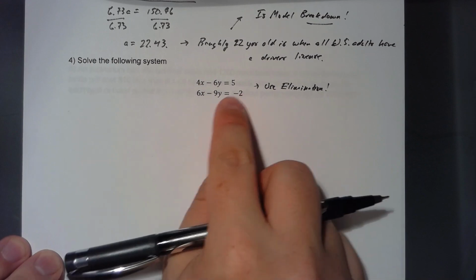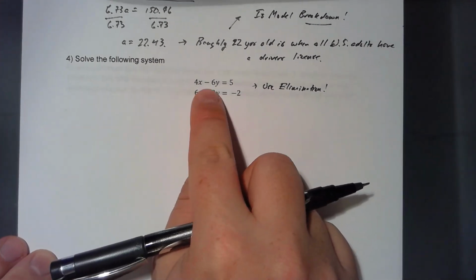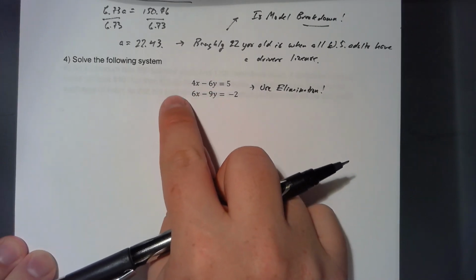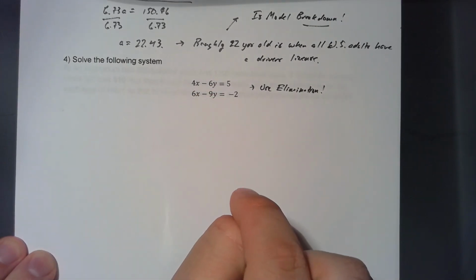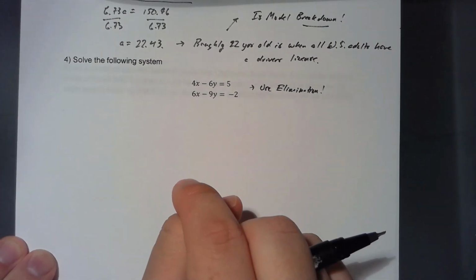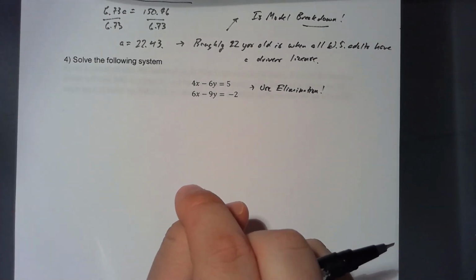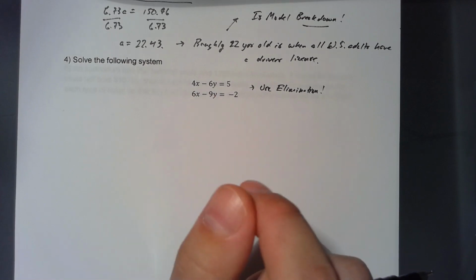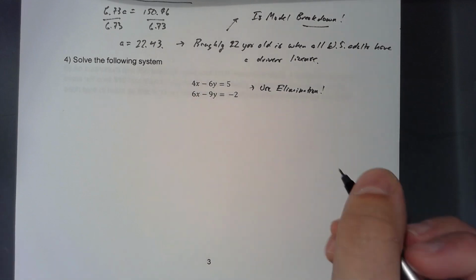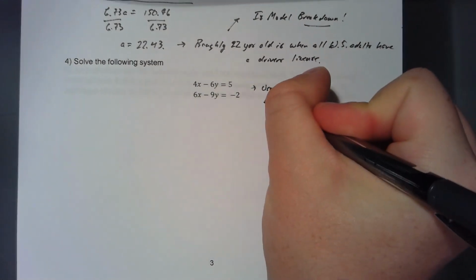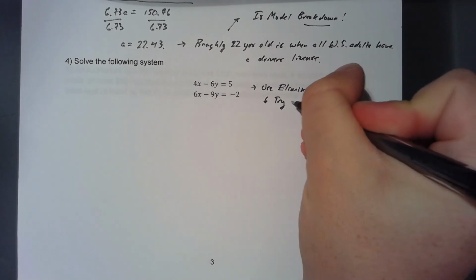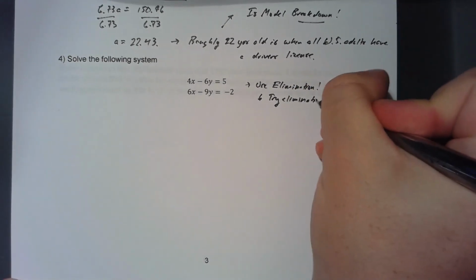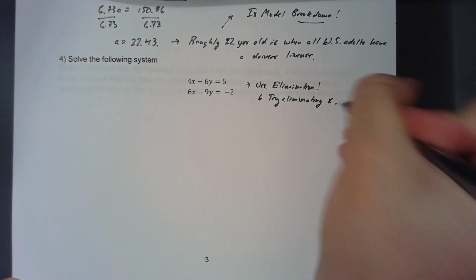Okay, so I want to multiply one of these equations or both of these equations by a number so that when they add together, one of the variables cancels. Let's say I want to get rid of the x's. Try eliminating x.